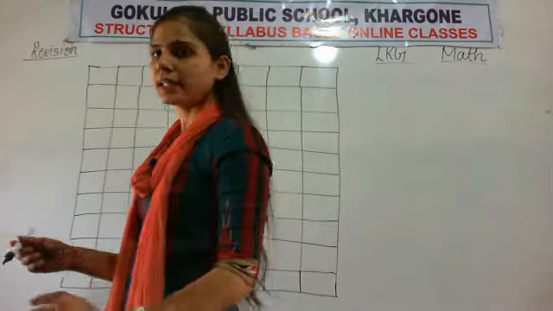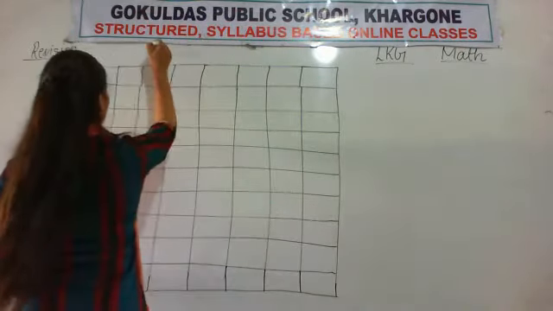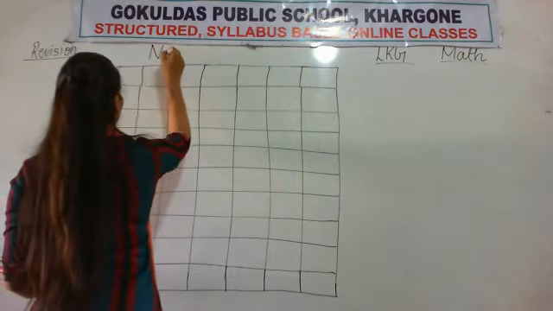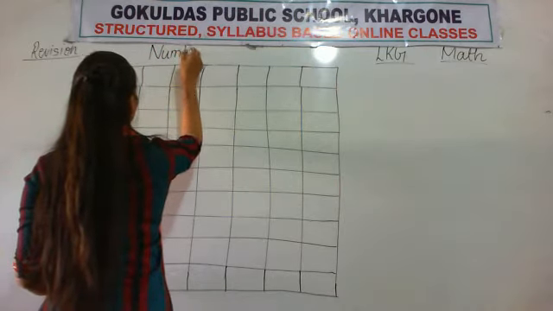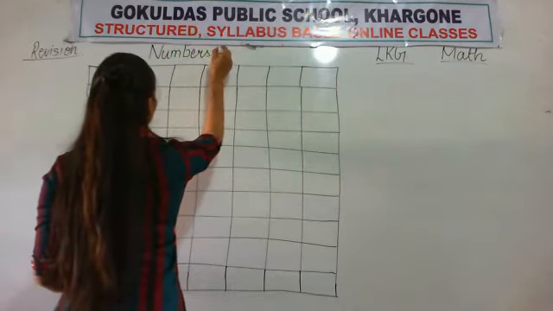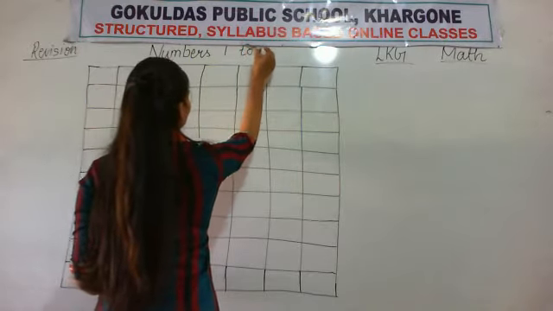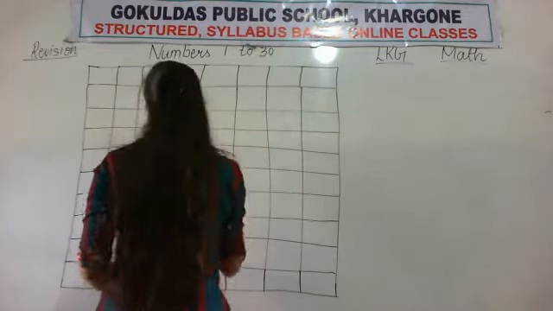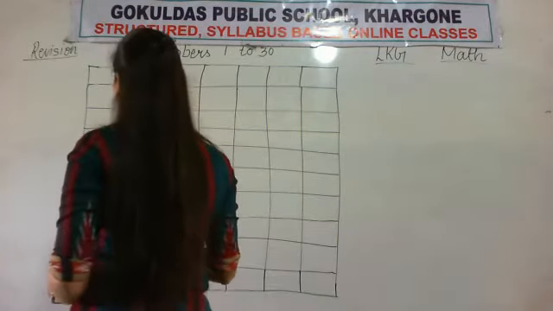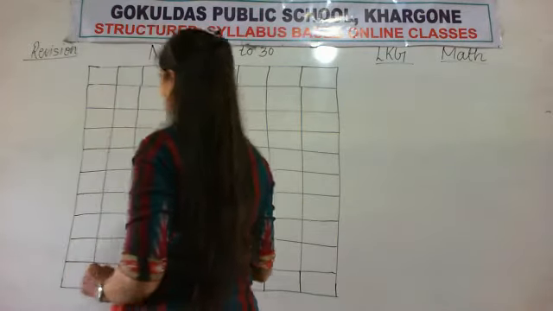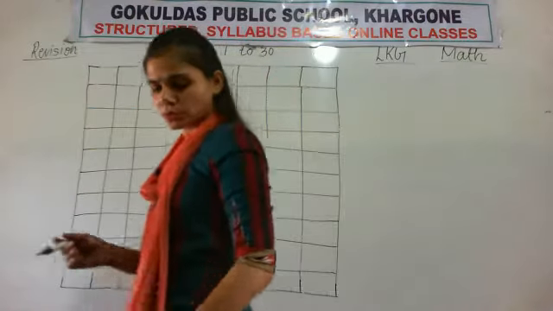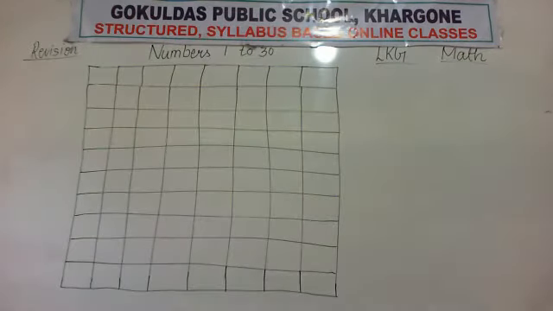So in your revision part, numbers from 1 to 30. Today we will write numbers from 1 to 30. Okay, numbers from 1 to 30.